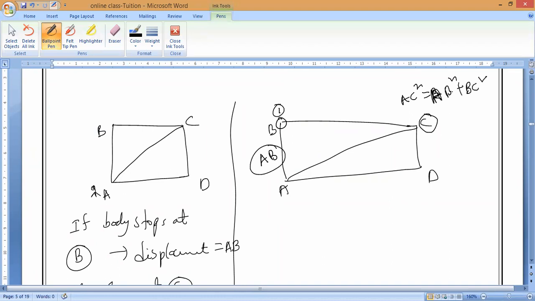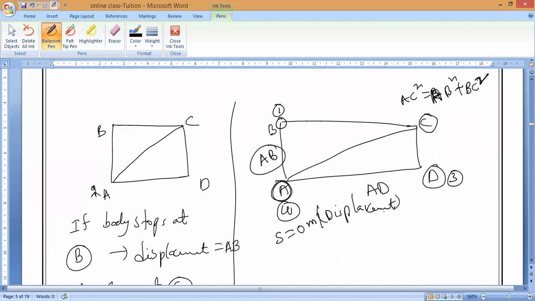If we stop at point D, the displacement is AD. When it stops at point 1, that is point 4, displacement is 0 meter. These things you have to find.